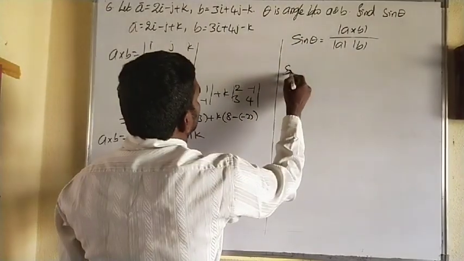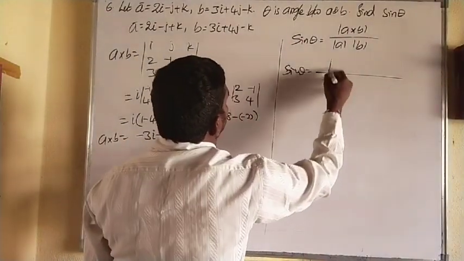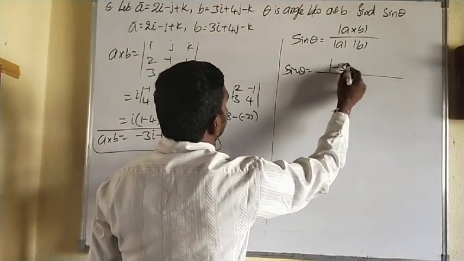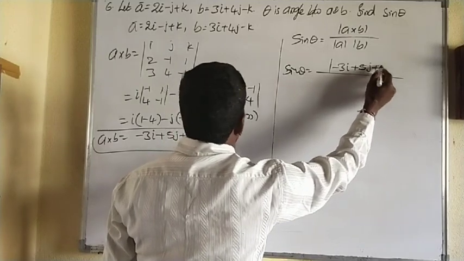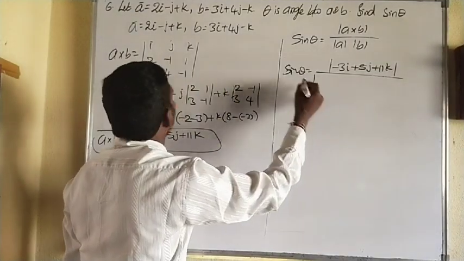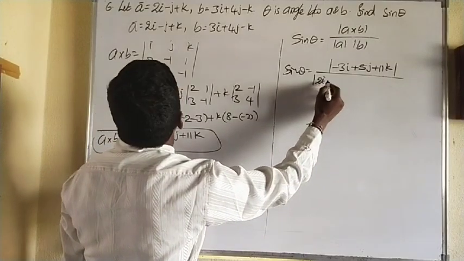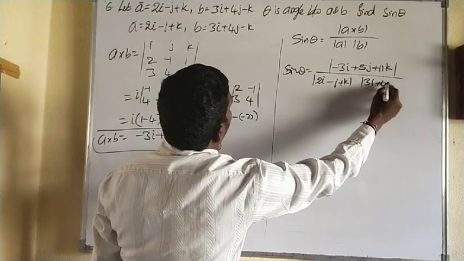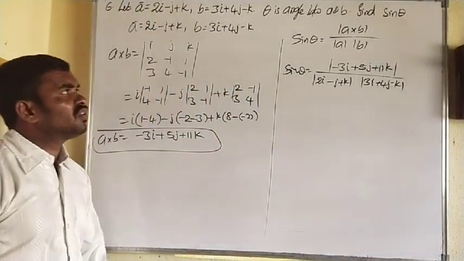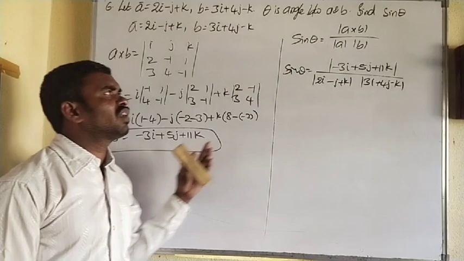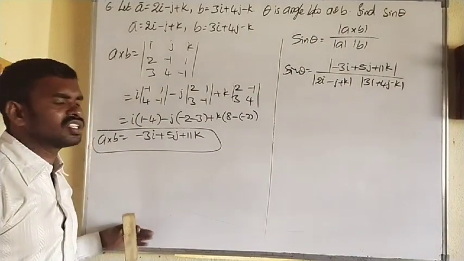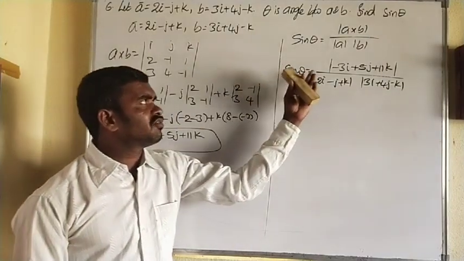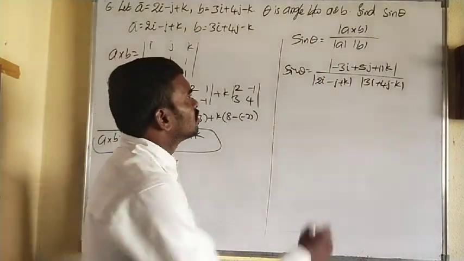So sin theta is modulus a cross b, means modulus of minus 3i plus 5j plus 11k, by mod a, mod a means modulus 2i minus j plus k, into modulus 3i plus 4j minus k. Before writing the formula, you can find the mod a cross b, mod a, mod b values and substitute these three values in the formula directly, or write the formula and continue.